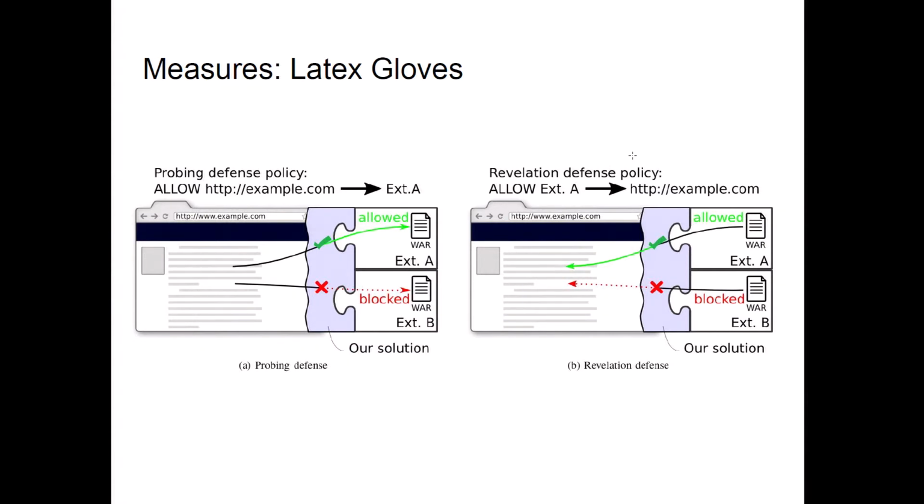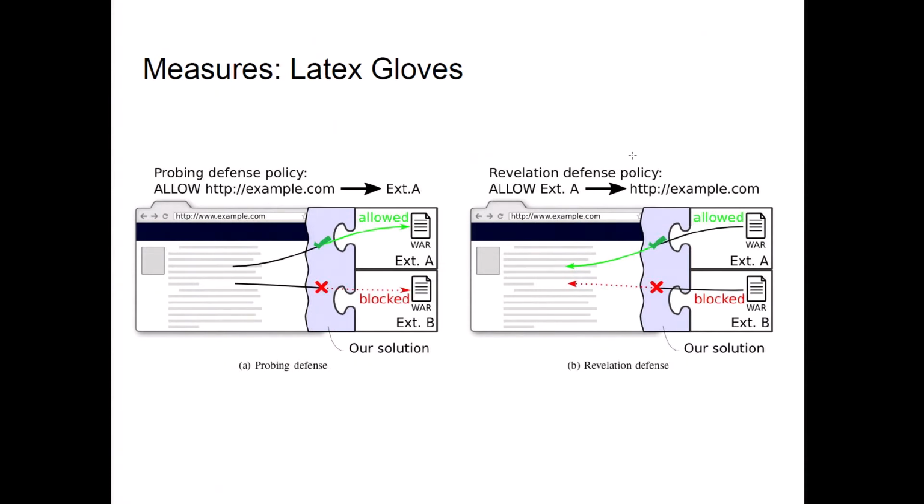So if example.com were to try to access extension B, that would be blocked. Similarly for the revelation attack, where the extensions are the ones that initiate it, we have a whitelist that says what extensions are allowed to execute towards what domains, or are allowed to inject content into what domains.